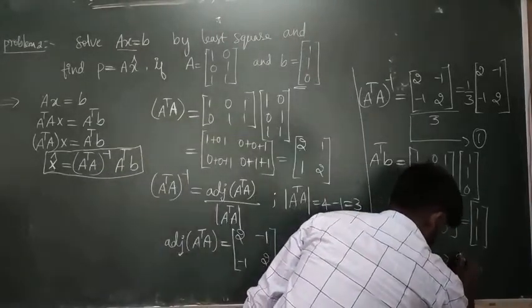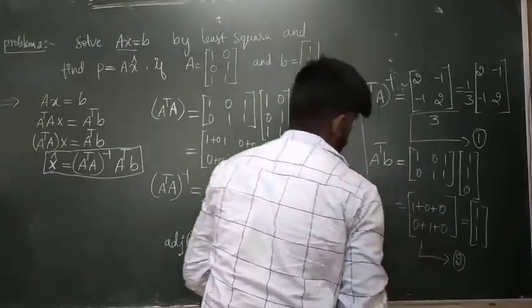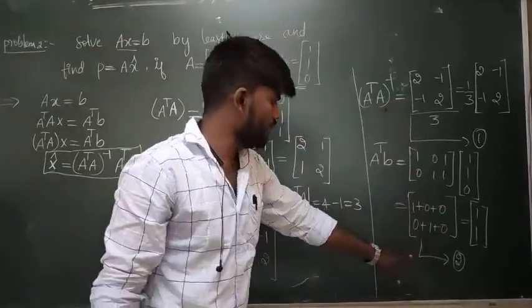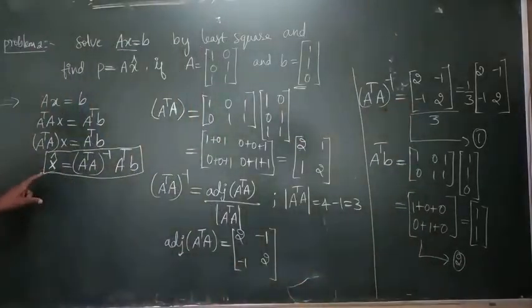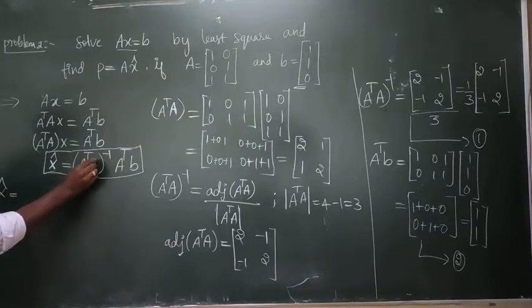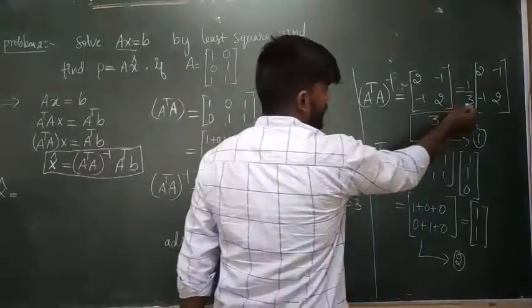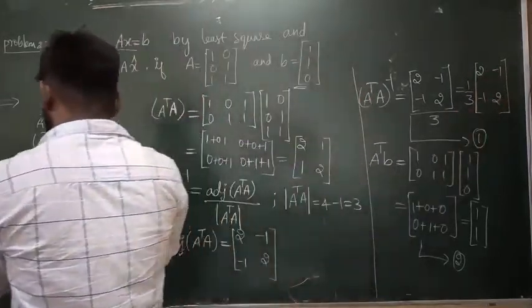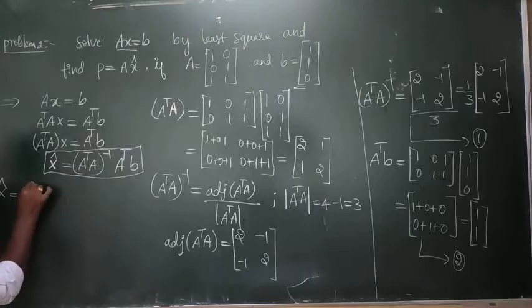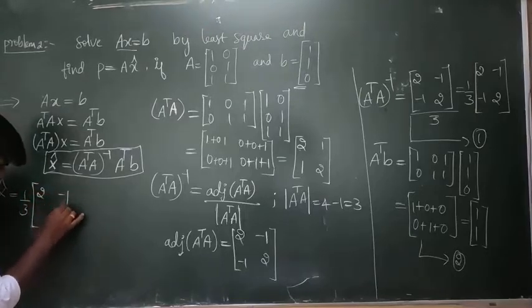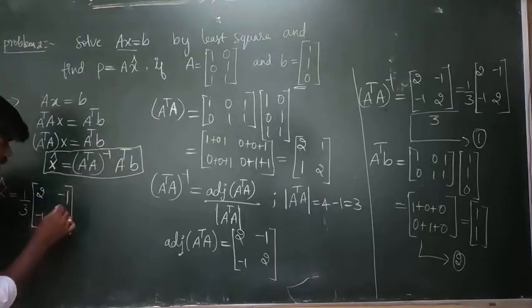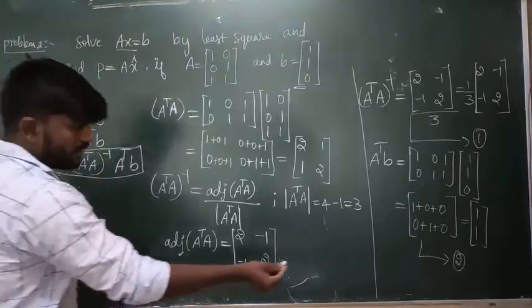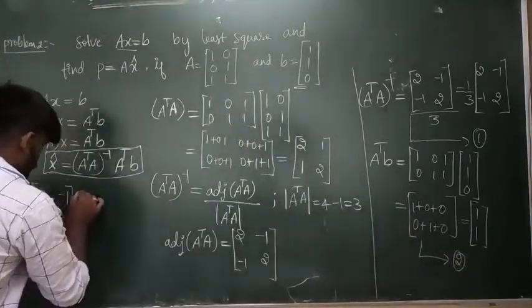We call this equation 2. Substituting equation 1 and equation 2 in x hat, we get x hat = (A transpose A) inverse, which is 1/3 times [2 -1; -1 2], times A transpose b, which is [1; 1].